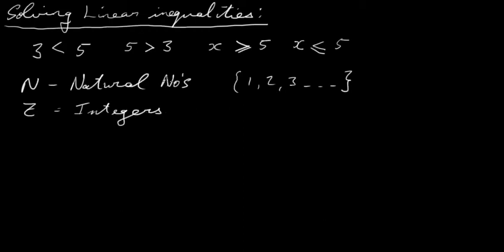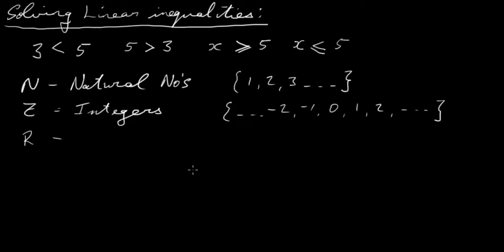Integers are numbers that can be negative, so -2, -1, 0, 1, 2, and so on. So they can be negative, positive, and they include 0 as well. And then real numbers are just any numbers that can be plotted on a number line. So they include the numbers in between these whole numbers, so the fractions and decimals in between these whole numbers.